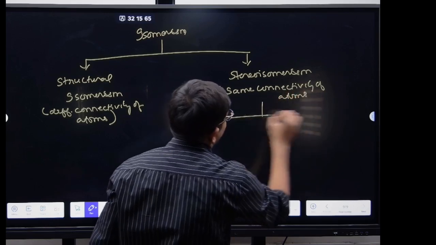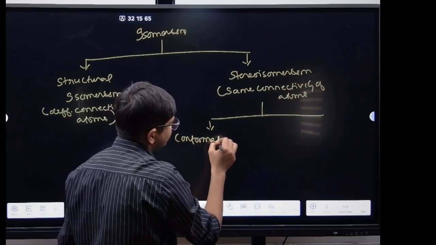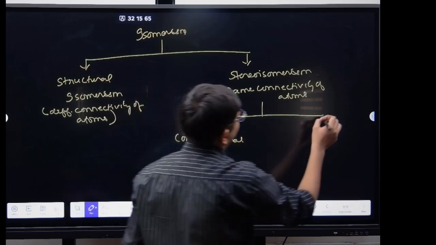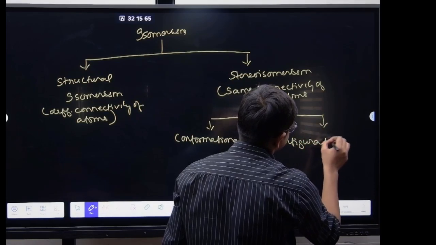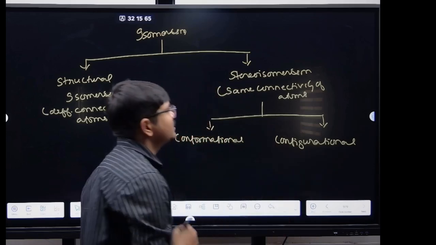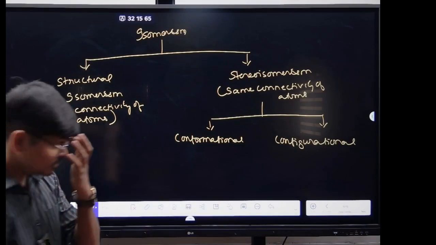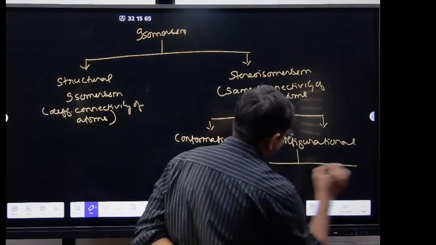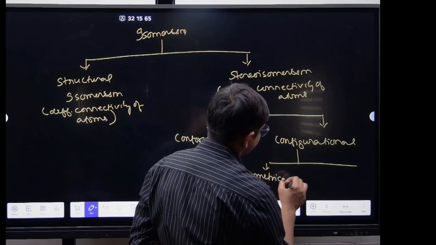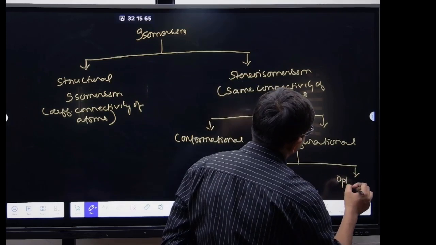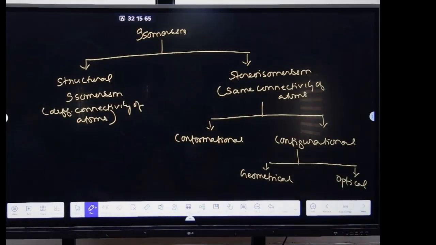For example, you will have two parts: one is conformational and the second one is configurational. The configurational one is further classified into geometrical isomerism and the second is optical isomerism.